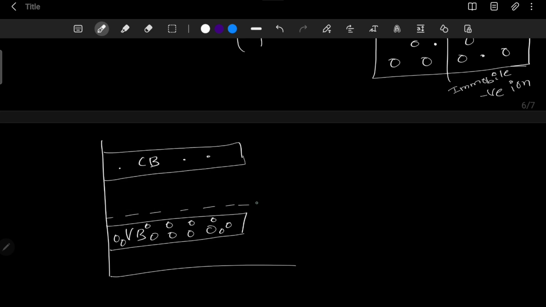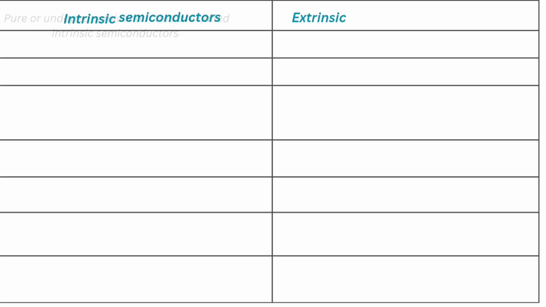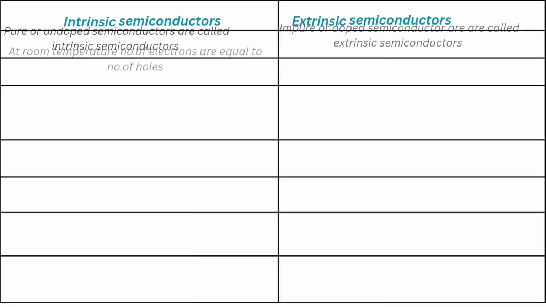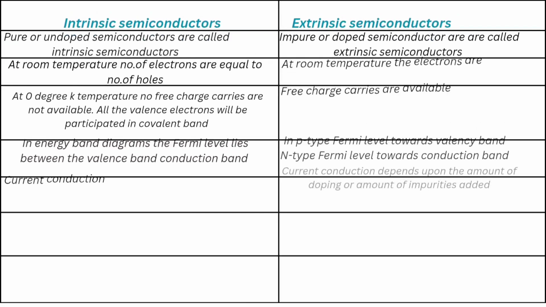So the current conduction will be due to the holes. So the Fermi level is towards the valency band. Here why I am showing negative immobile ions: by accepting an electron it will form a negative immobile ion. That's why I am showing it here as negative immobile.